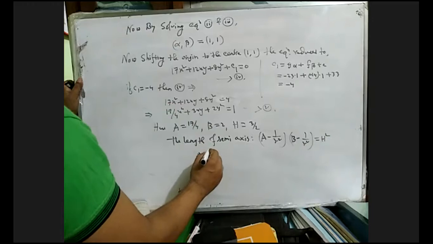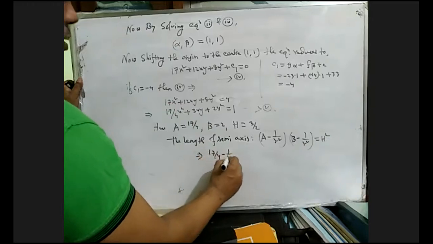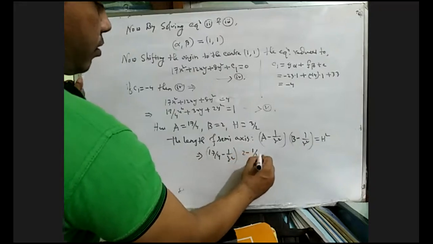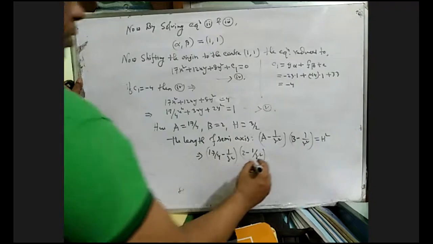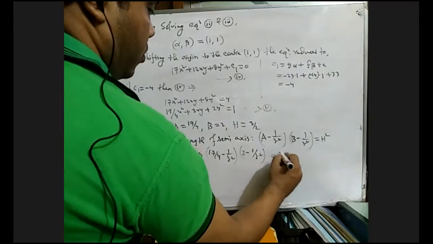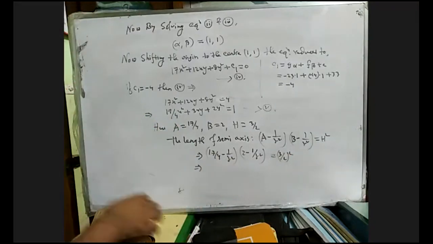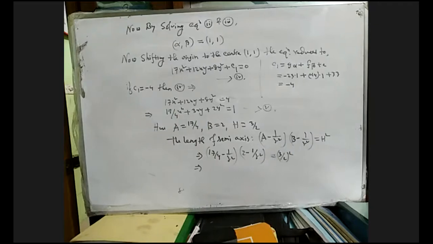So from this, 17 by 4 minus 1 by r square and 2 minus 1 by r square equals 3 by 2 whole square. From this we have to solve for r square as in the previous example, then we can find the values of r, where the equation is quadratic in r square.